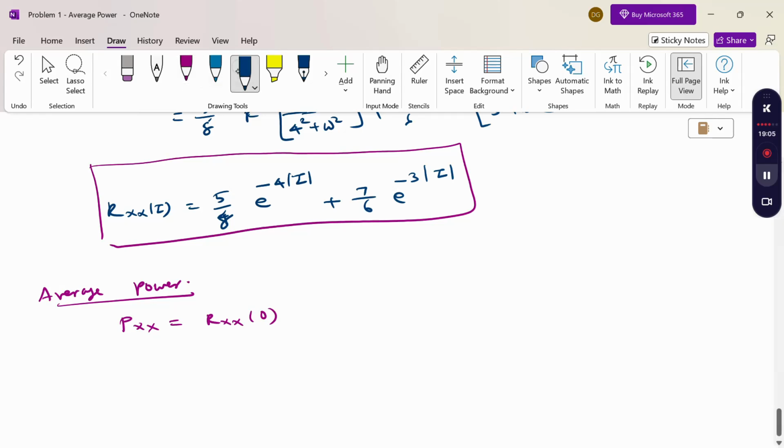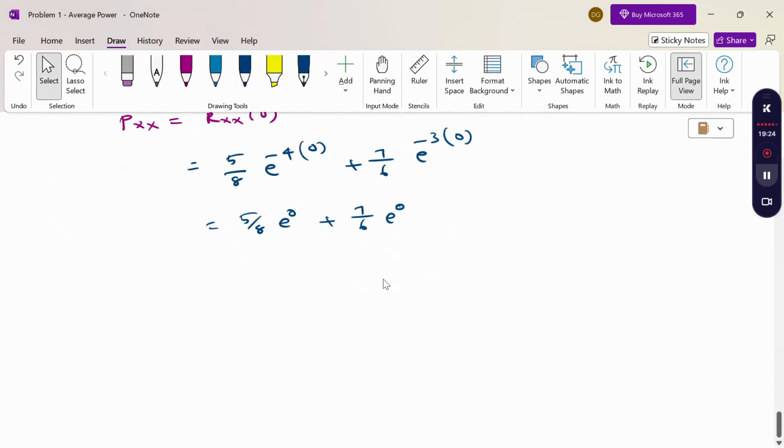Therefore substitute: what is the autocorrelation? 5 by 8 e power minus 4 modulus of tau at tau 0, plus 7 by 6 e power minus 3 modulus of tau at tau 0. So 5 by 8 e power 0, 7 by 6 e power 0. E power 0 value is 1. Therefore 5 by 8 plus 7 by 6.